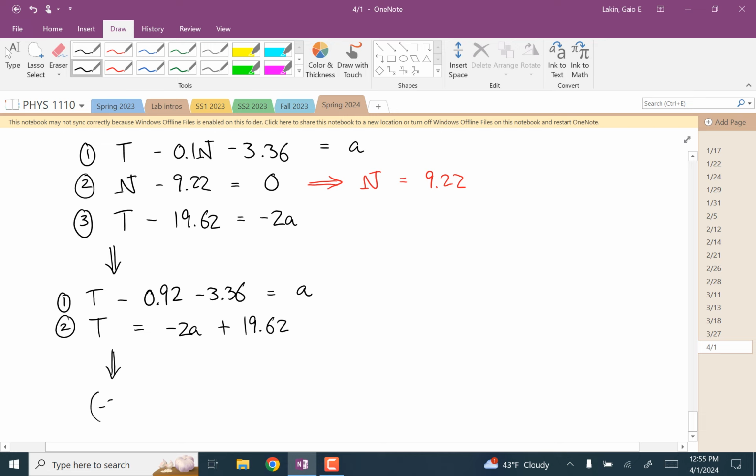And you get negative 2a plus 19.62 minus 4.28 is equal to a.